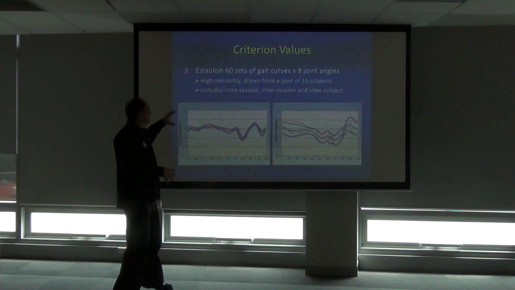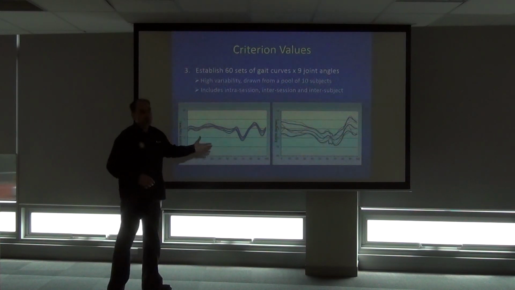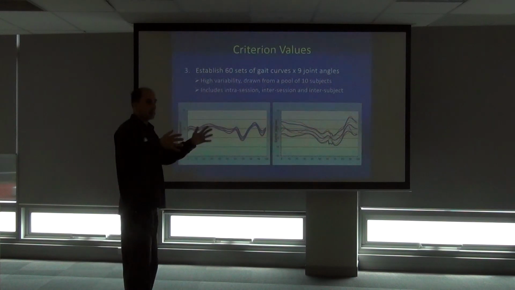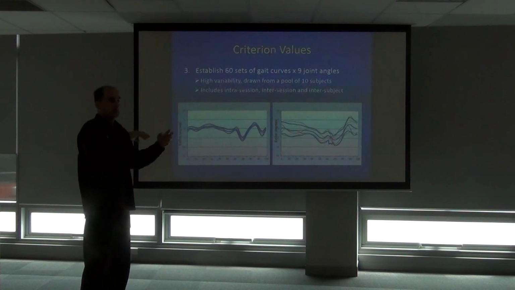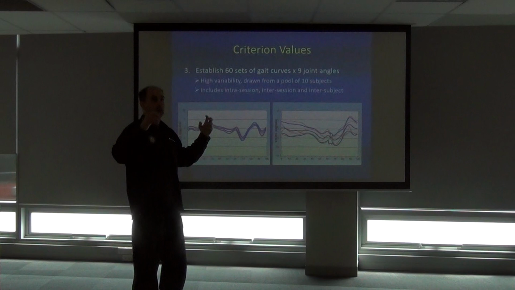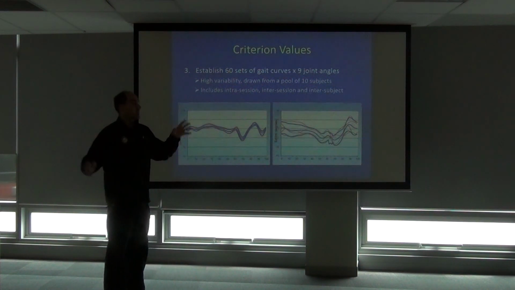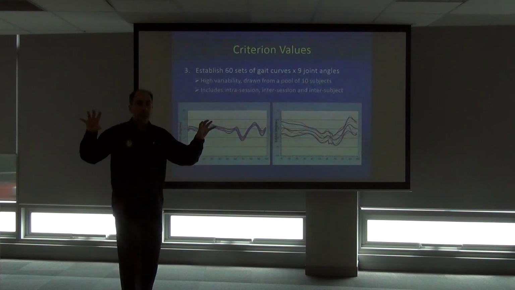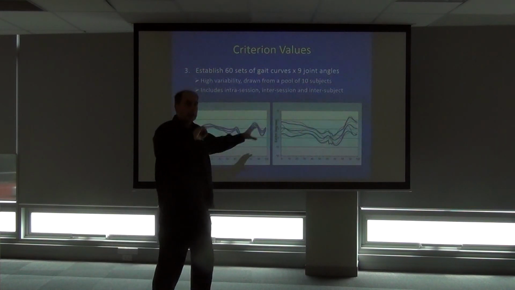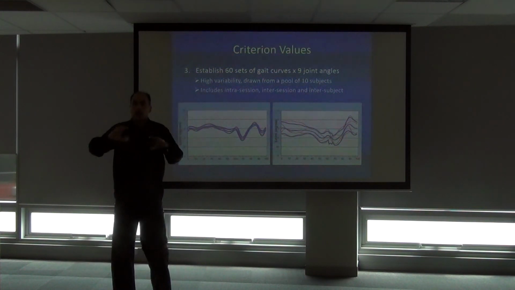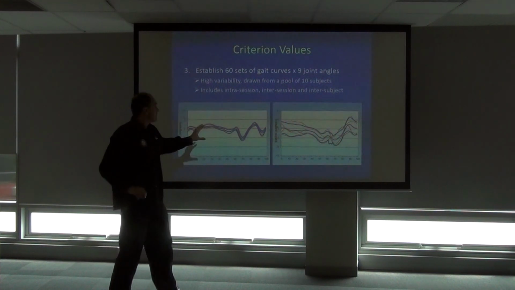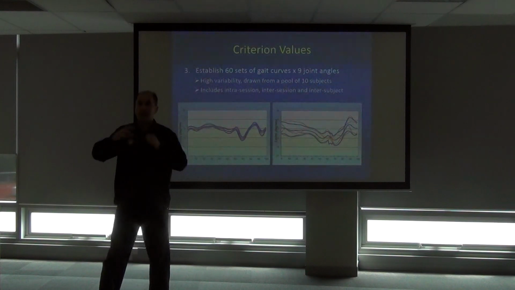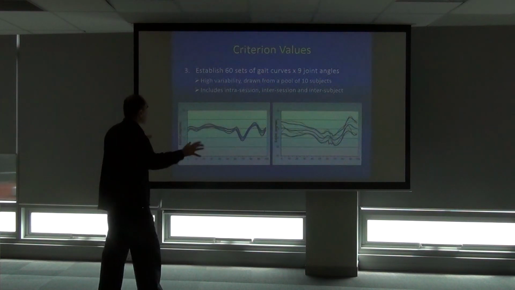They included curves from the same subject on the same day, the same session, curves between subjects, and the same subject on different days. So the big variability. The idea was to get a big range of gait curves for each joint angle, with a wide variability of similarity, non-similarity, or differences in those curves. So there's a big pool of data.